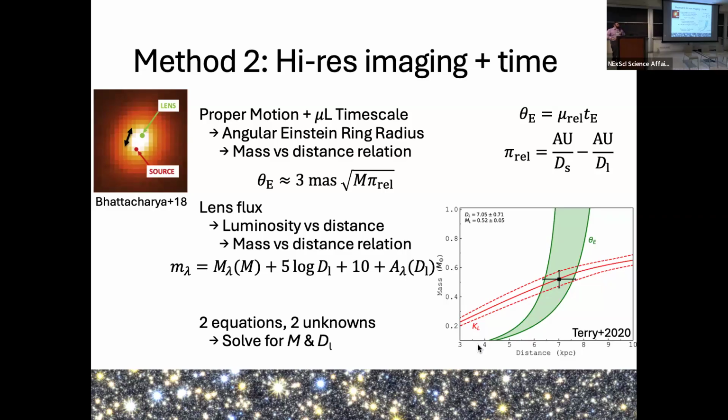You can get the angular Einstein radius. And then you also get a measure of the brightness of the lens, which you can use with stellar physics to get an estimate of its luminosity with an unknown distance. So you set up two mass distance relations, and then they will cross at some point and give you a unique solution.